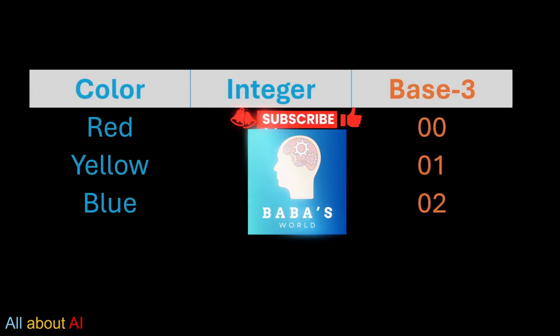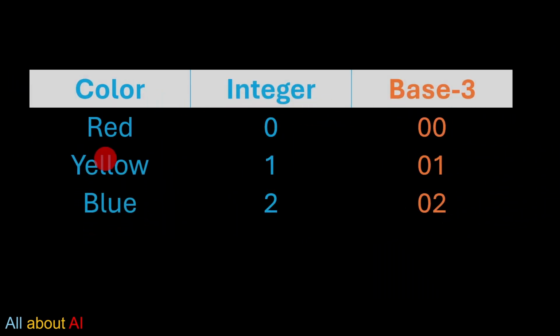So if you see here for color, first we convert it into an integer, and then this integer is converted into base 3. So 0 becomes 0, 0, 1 becomes 0, 1, and 2 becomes 0, 2. If we have more values, we'll see how base 3 is converting these values.